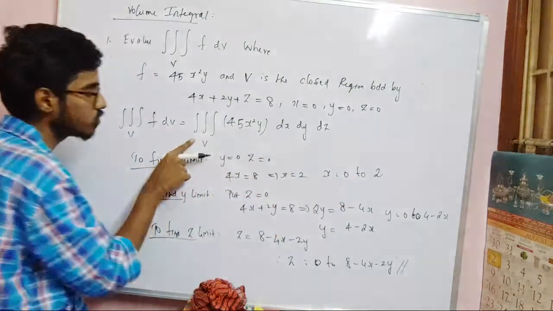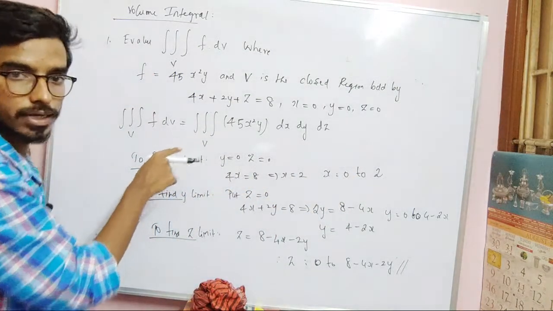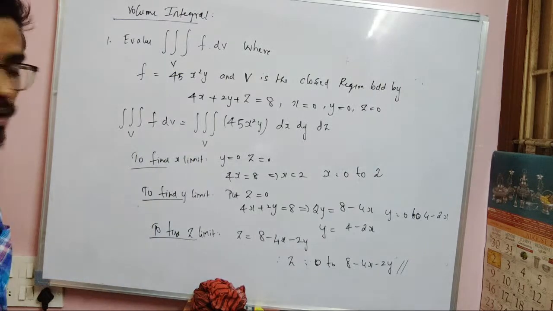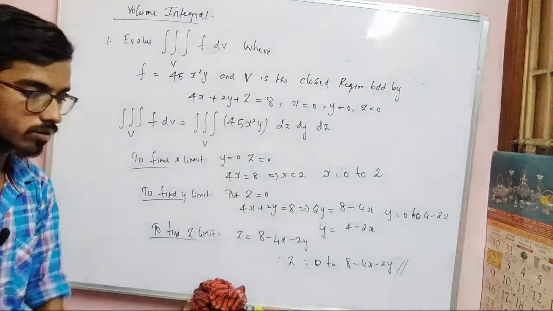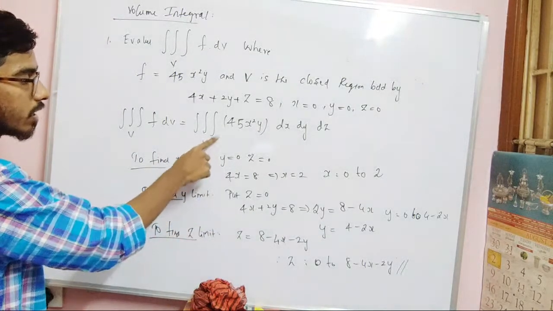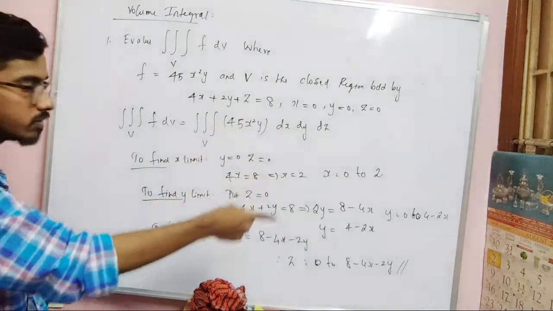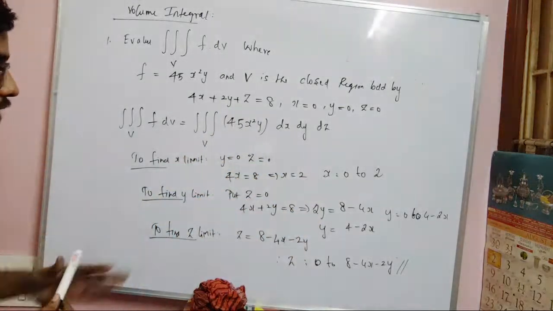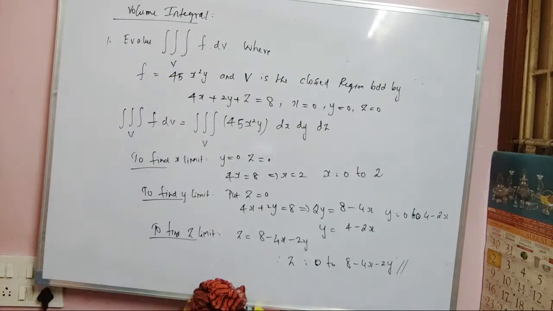So you just write the limits like this. In the book, they will not give it like this. Simply, in the next step, they will write the limits like this. In the book, they will not give an explanation of how they are finding the limit, right?